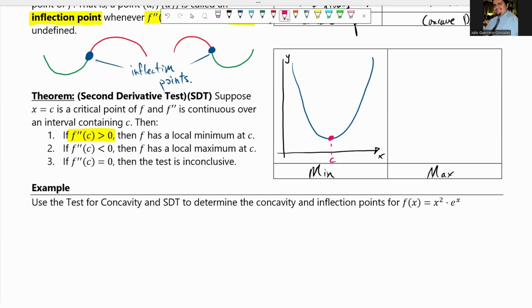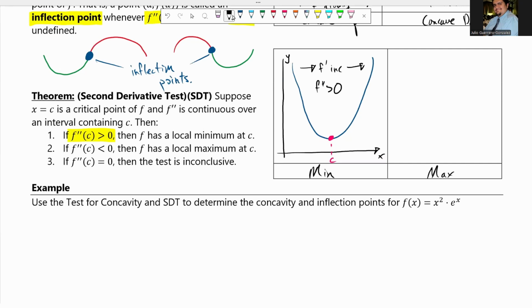Notice what happens to the slopes. As I go this way, f prime is increasing that way. So that means f double prime has to be bigger than 0.